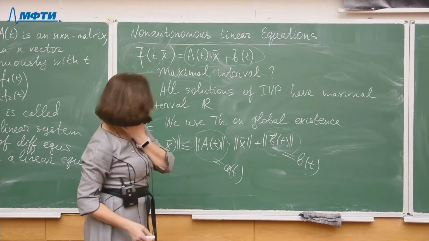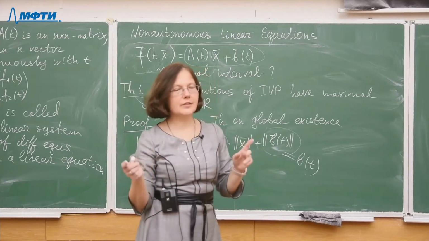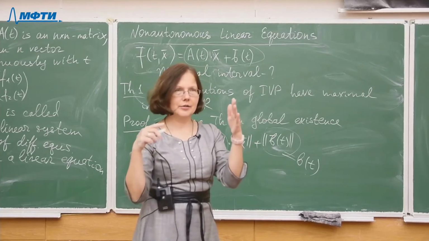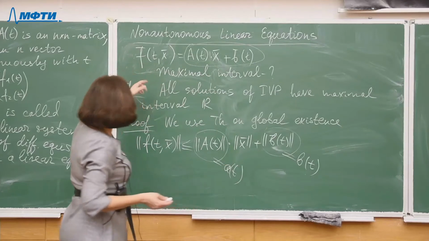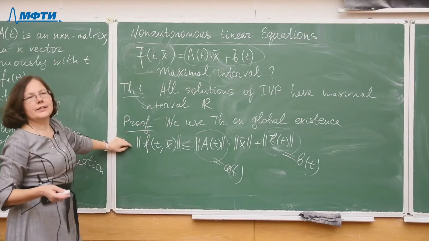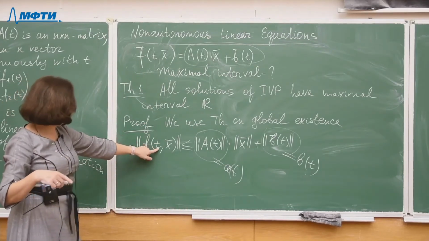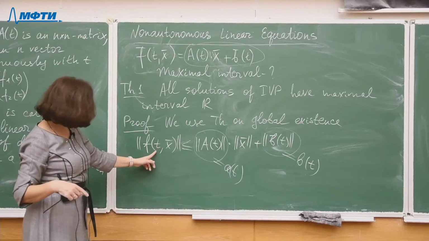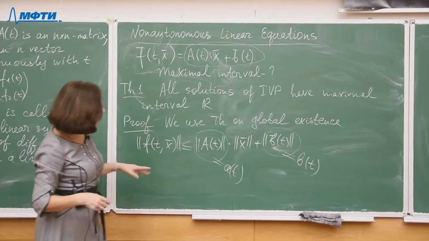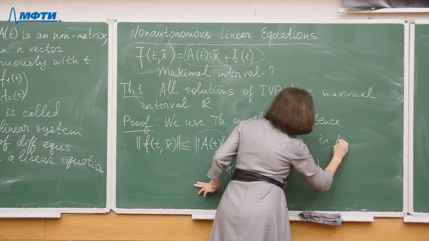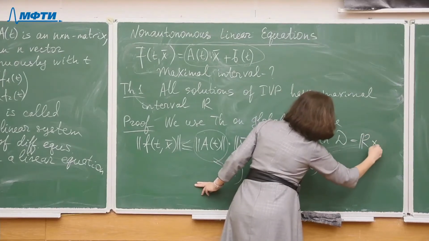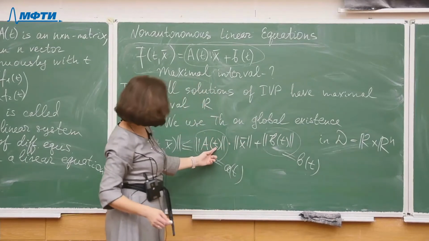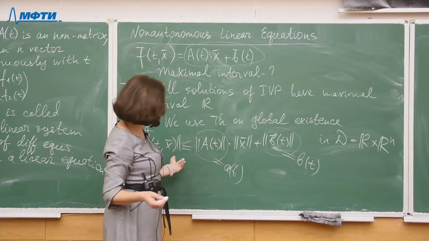It states that any solution can be extended to an interval I, which is fixed, but this inequality is true for any t and any x. It is true in the domain which is equal to R times R^n, because it is true for any real t and any x.